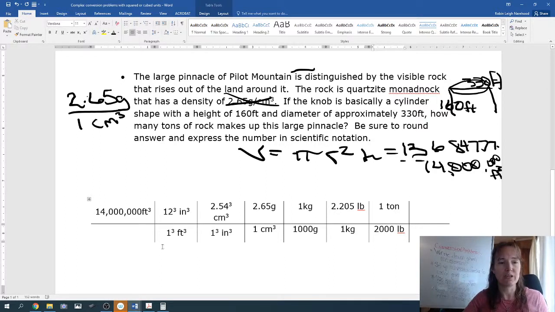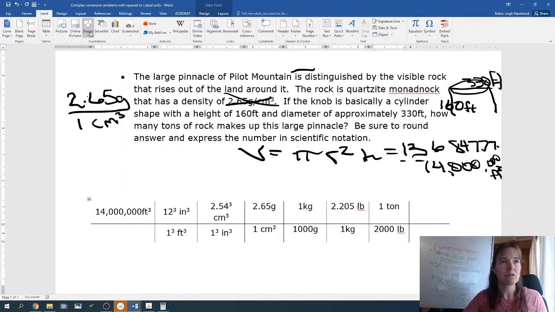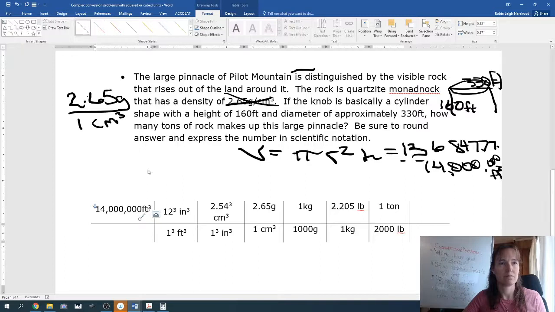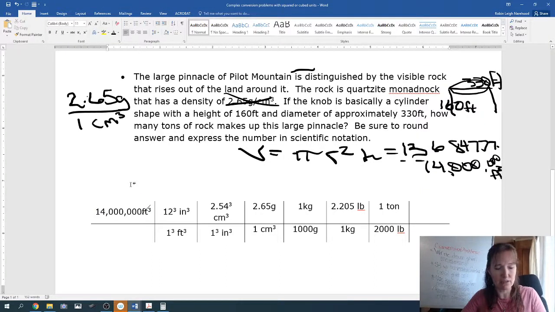And so we can go through and cancel all of the units to make sure that we haven't overlooked something. So I'm just going to use a line. I can cancel feet cubed because it's on top and bottom. And then I've got inches cubed on top and bottom, and what I've written down is the correct equality, so I can cancel out inches cubed.